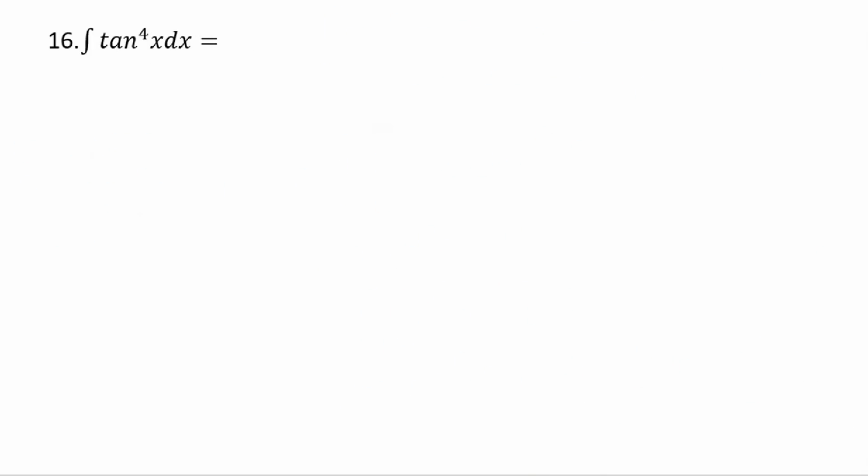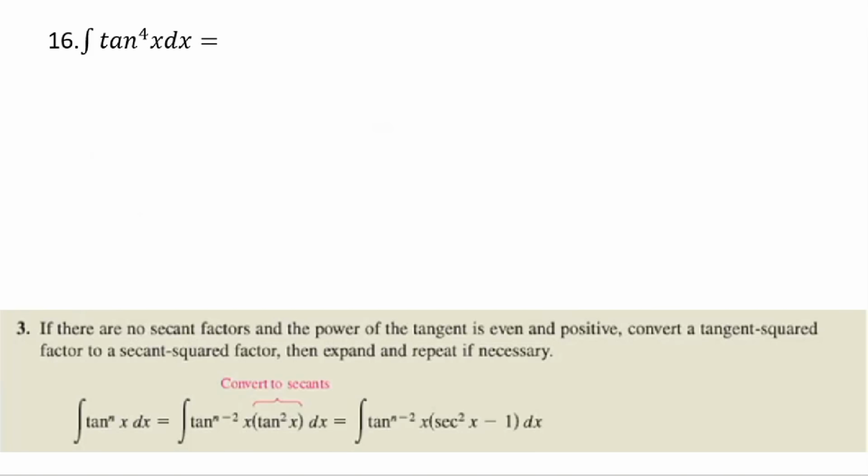Okay, for number 16, this is just quite simple. Just factor out the power of 4. So we can write now as tangent squared x times tangent squared x dx. And then for one of the factors, we are going to write the identity as secant squared x minus 1.